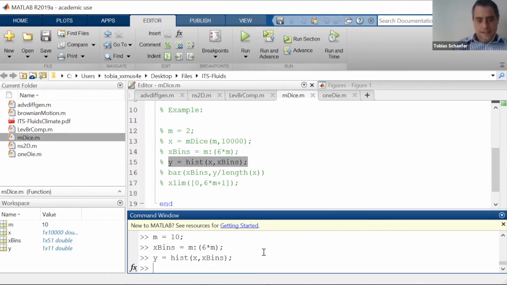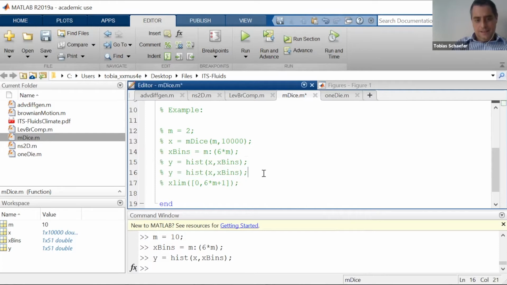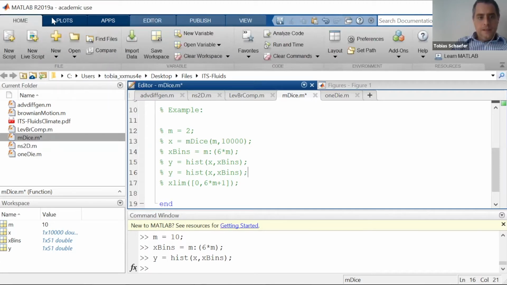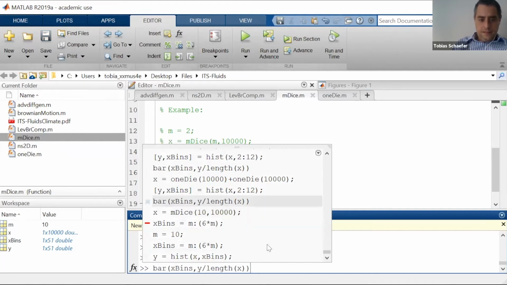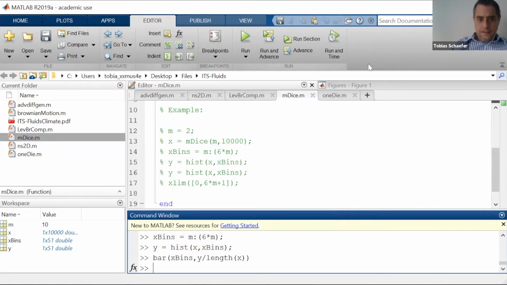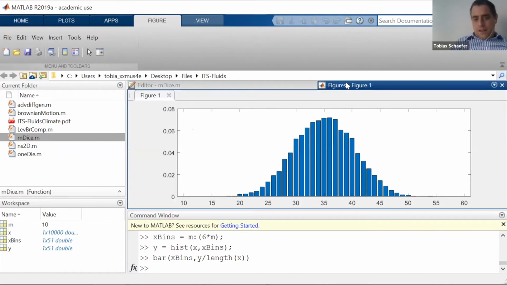If we do this, you will see... Something happened. Well, let me see. You can see this looks already pretty much, well, somewhat Gaussian, yeah.